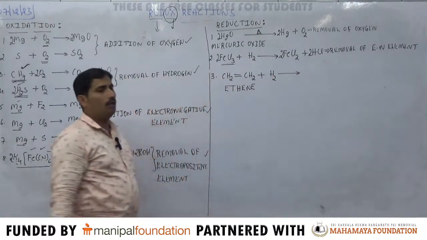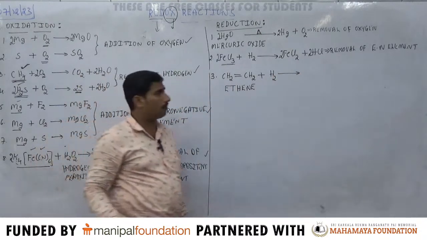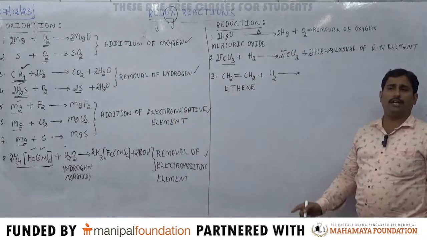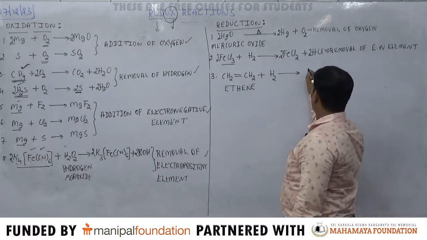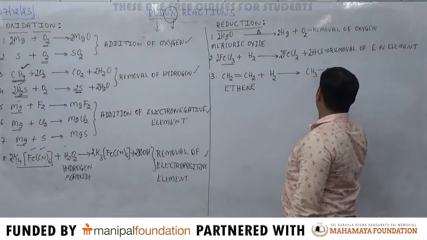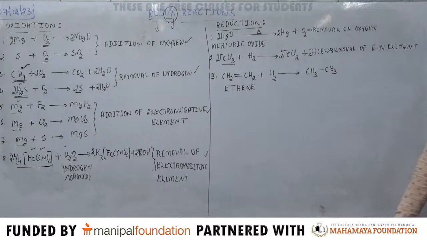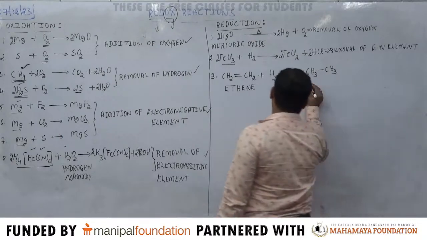Now plus H2. Now the double bond is converted into a single bond, so there will be CH3. Can you name the product? It is ethane.